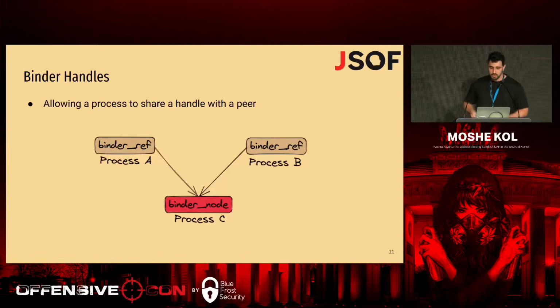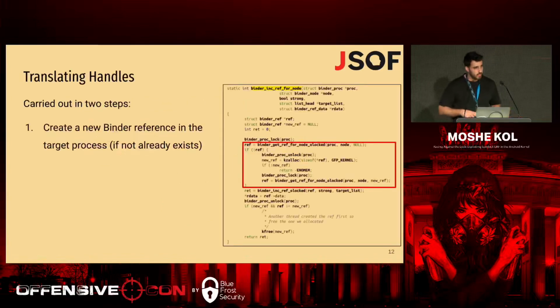And now this object is the main player inside the bug, so we need to dig deeper into the actual translation code. The translation happens in two steps. In the first step, the driver allocates a new binder_ref object and inserts it into the relevant data structures of the target process, so into the binder_proc and into the node itself through some list.